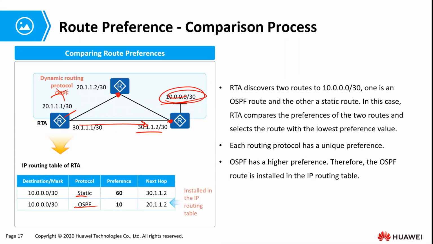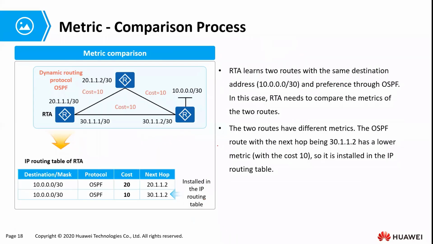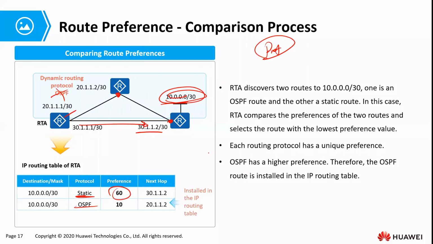What do we do? If the preference is the same, because in that case they are both static routes, they will both have preference 60, then we are going to consider the metric, the cost. But for this case, because static routes normally have the same cost unless you configure some cost or differentiate the preference.